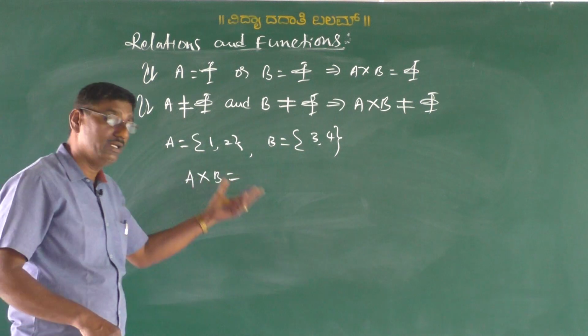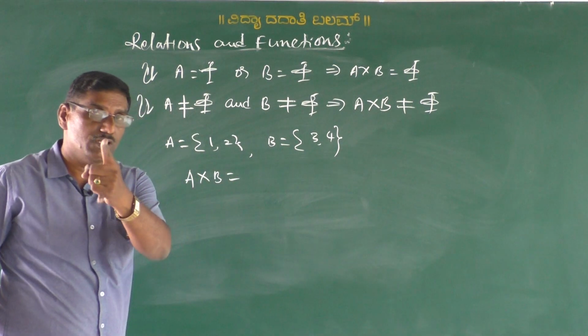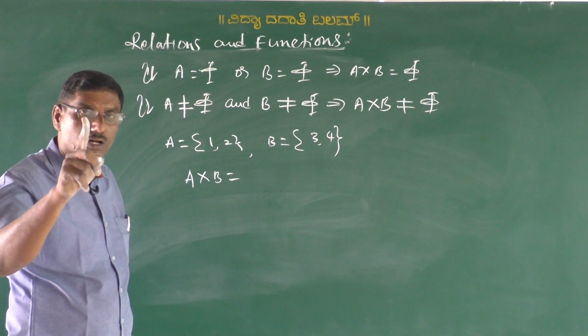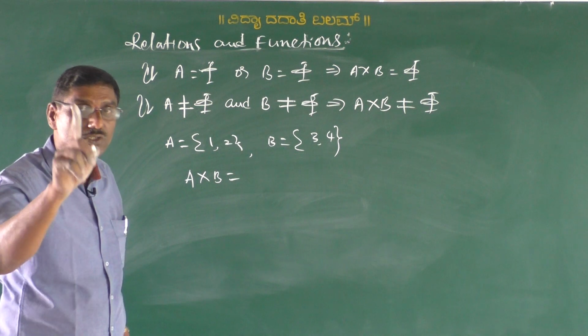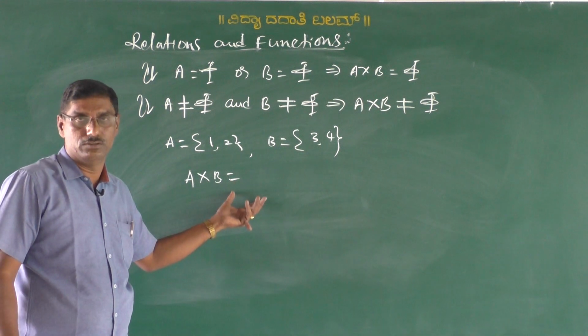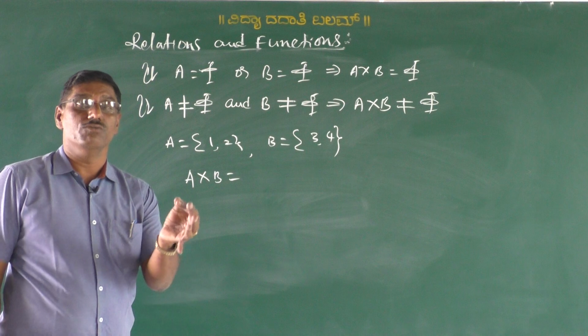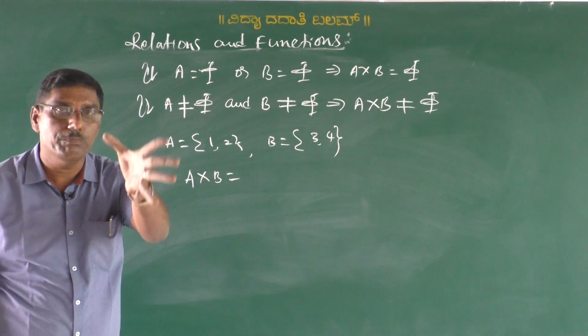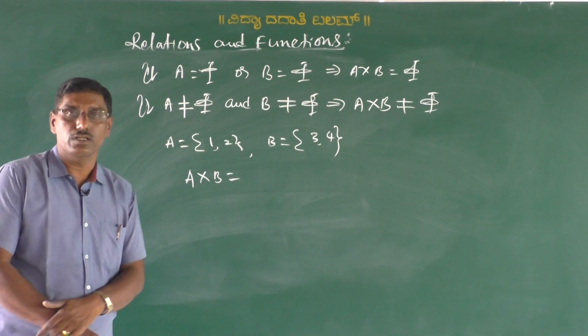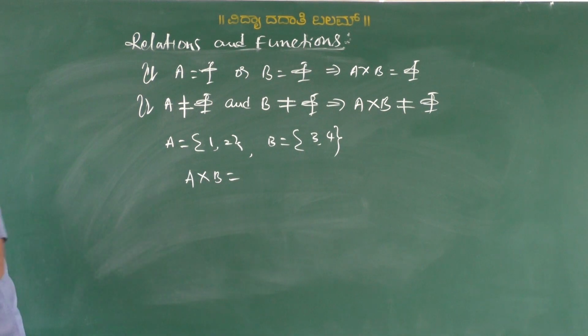That is a finite set. Since A cross B is also a set, the Cartesian product of two sets is also a set. The elements in this set are in the form of ordered pairs. Do you understand? That is the third point.